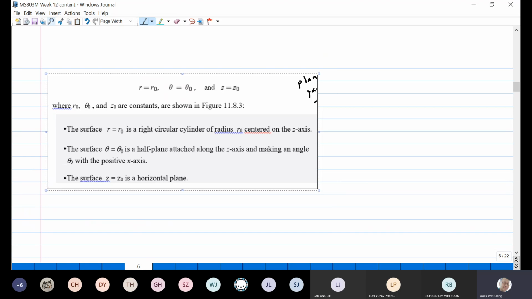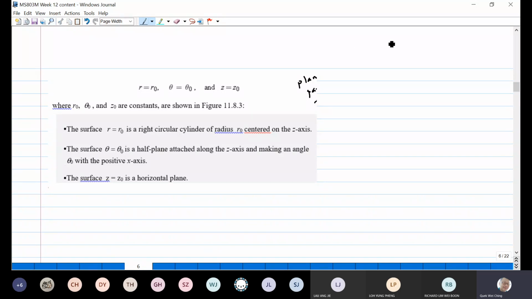When we say r equals r0, what does it mean? So remember, this is cylindrical coordinate, okay? So we get the x-axis, y-axis, z-axis. So what does the r mean?